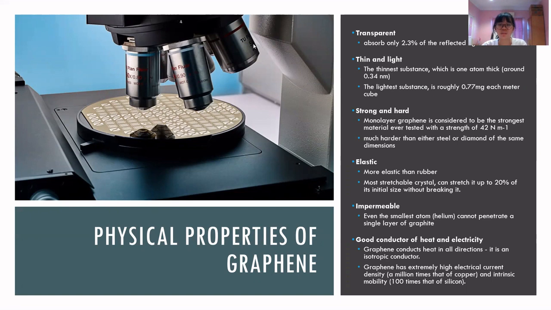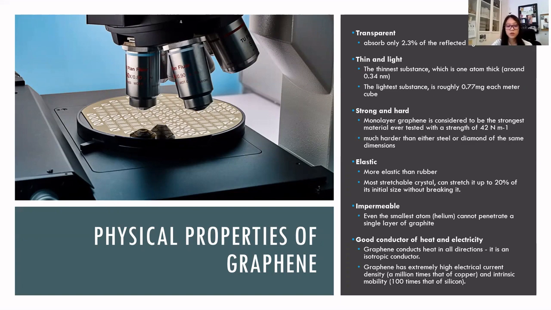Graphene conducts heat in all directions. It is an electrical conductor. Graphene has extremely high electrical current density, 1,000,000 times that of copper, and intrinsic mobility 100 times that of silicon.